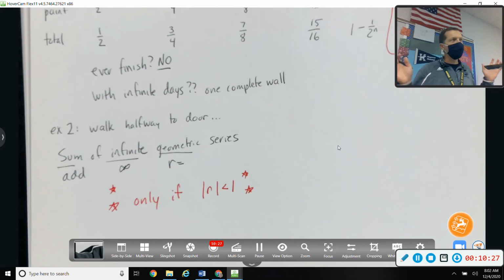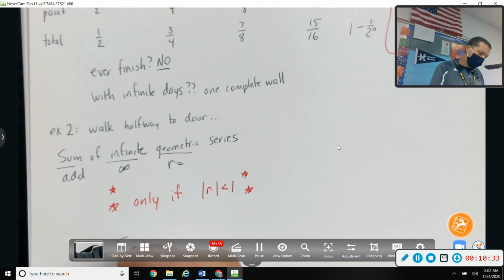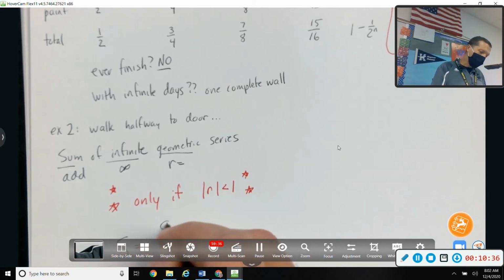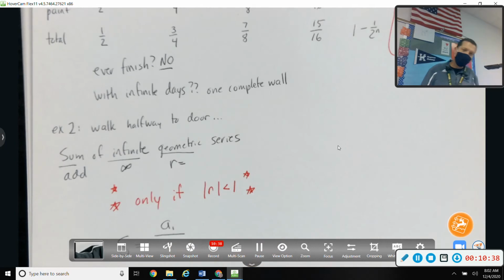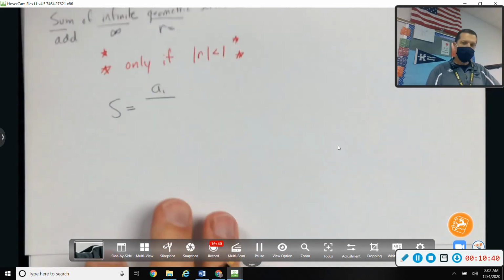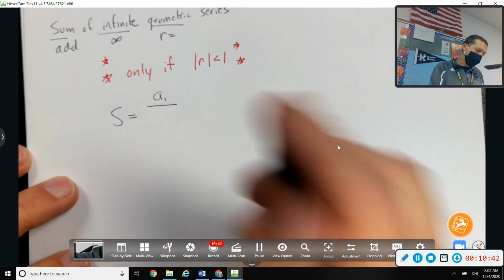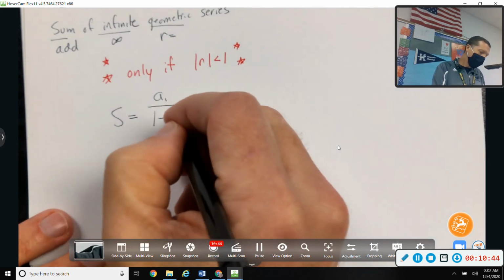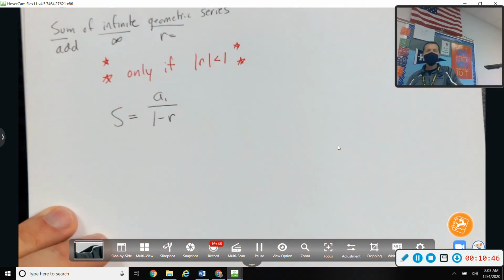You're just headed toward infinity. But if you're adding smaller and smaller and smaller numbers, then you can get a sum, and it turns out the sum is really an easy equation. The sum is the first term divided by 1 minus r.